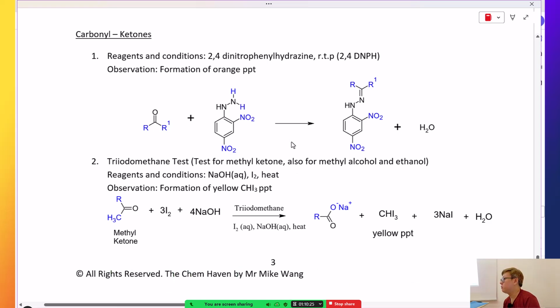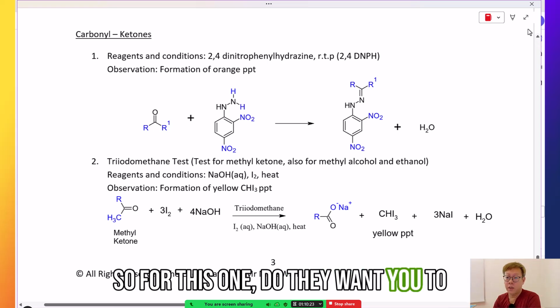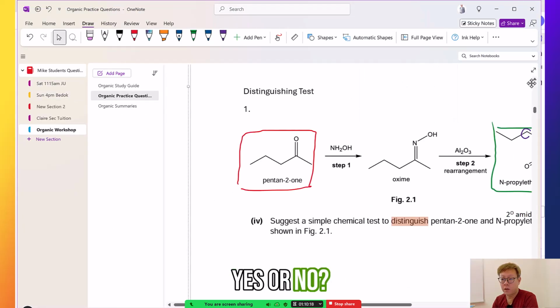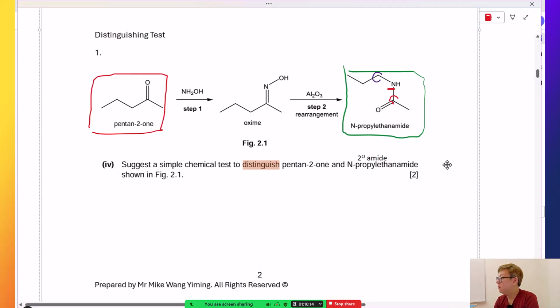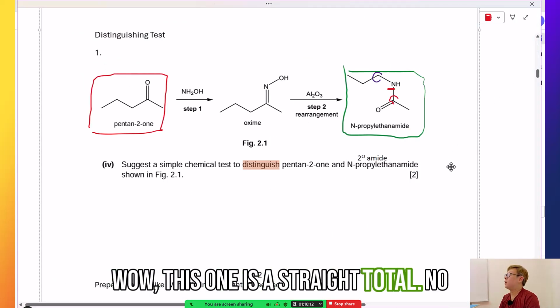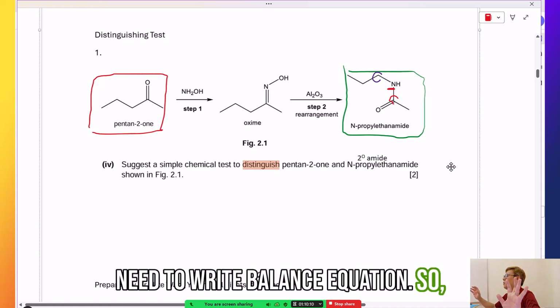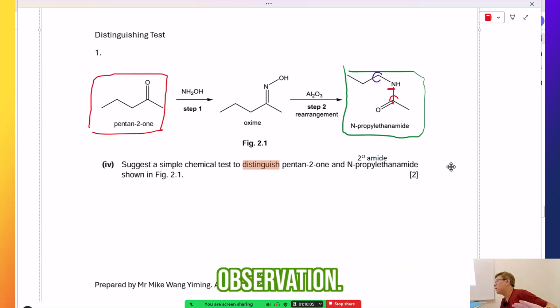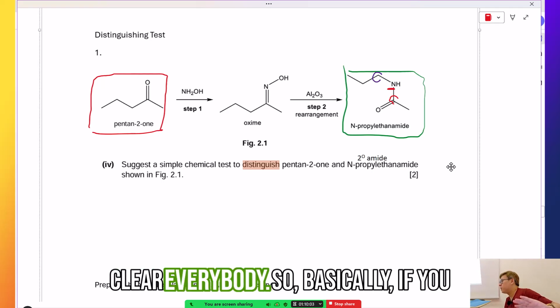Make sense? So for this one, do they want you to write the balanced equation? Yes or no? Did they say? Wow, this one is like a strike total. No need to write a balanced equation. So either one will work. Just give me the reagent, condition and the observation. Clear, everybody?